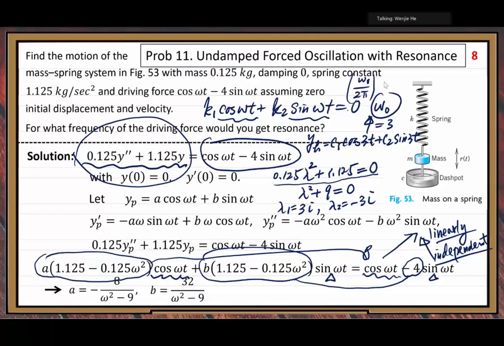Where omega equals omega naught, you have that resonance problem. Same frequency. Actually, if the frequency is very close, it could cause damage. So that's some story. I don't know if it's true or not.